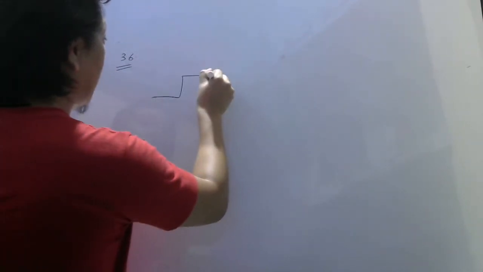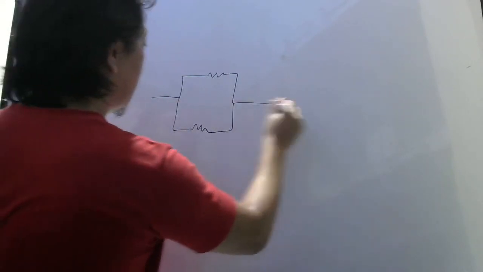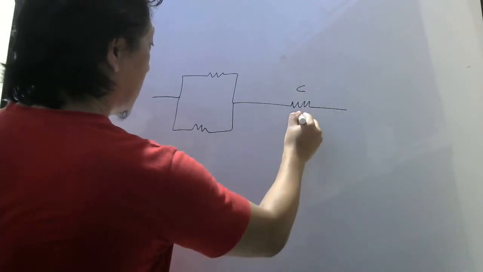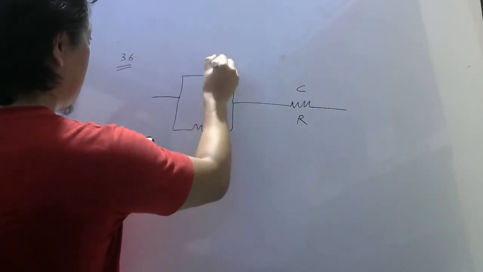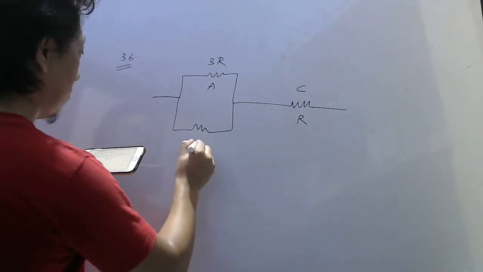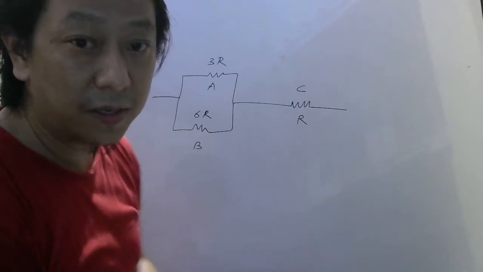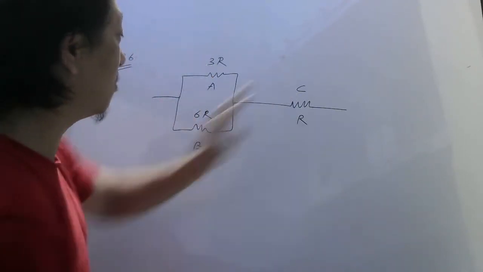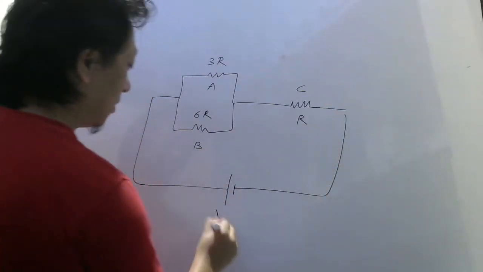Let me draw the diagram first. So here is a resistor, here there is a resistor, and here there is a resistor. This is C which has resistance R, this is A which has resistance 3R, this is B which has resistance 6R. So we have to find the ratio of the powers consumed when some voltage is applied, which they have not mentioned.